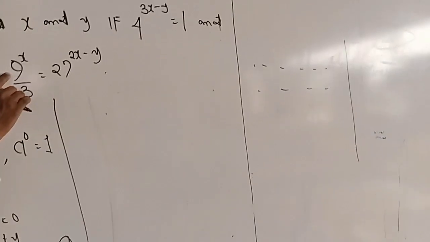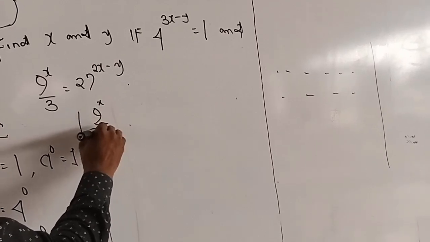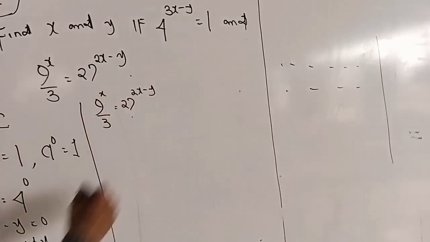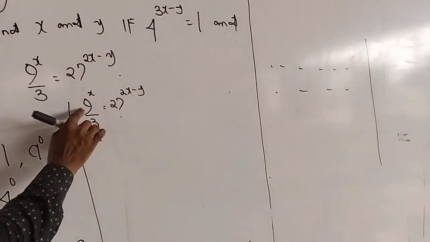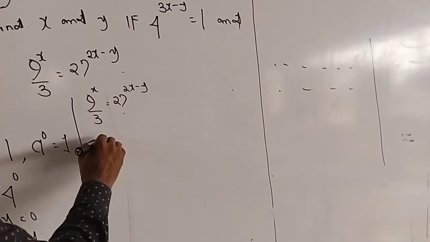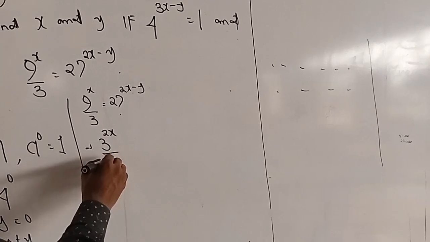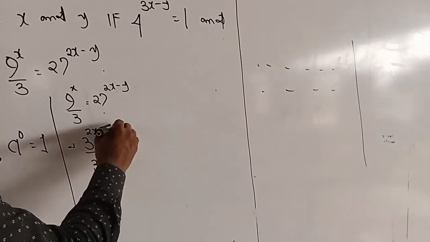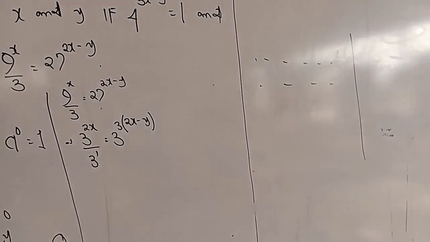Let's simplify the second expression. We have 9 raised to the power x over 3 equals 27 raised to the power 2x minus y. So the lowest factor here is 3. I will express 9 and 27 as powers of 3. So this will give me 3 raised to the power 2x, since 3 raised to the power 2 is 9, over 3 raised to the power 1, equals 3 raised to the power 3 into 2x minus y.